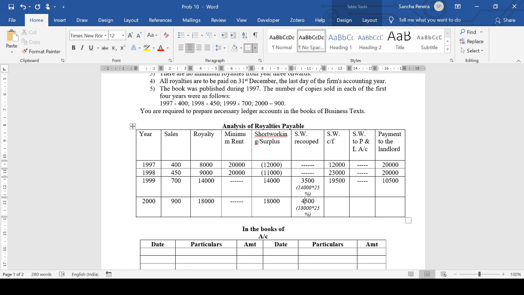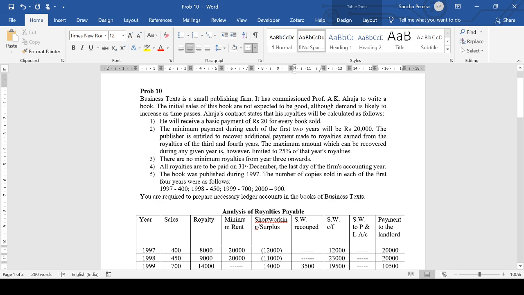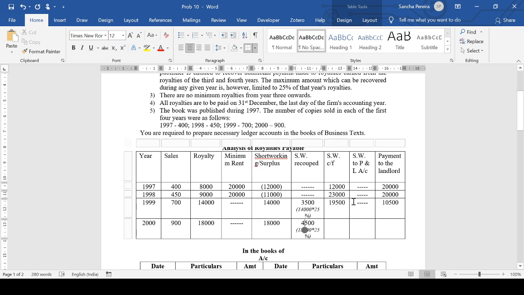it's going to be 4,500. They've not told us anything about recouping later. They've just said 25% we can recoup only in the third and the fourth year. So whatever we have managed to recoup, we have recovered.